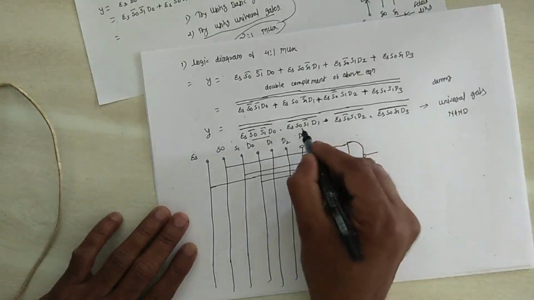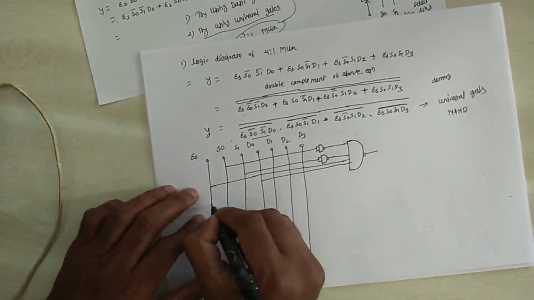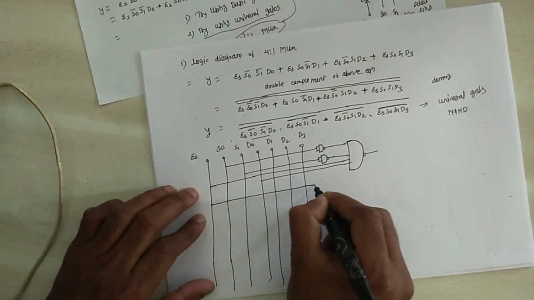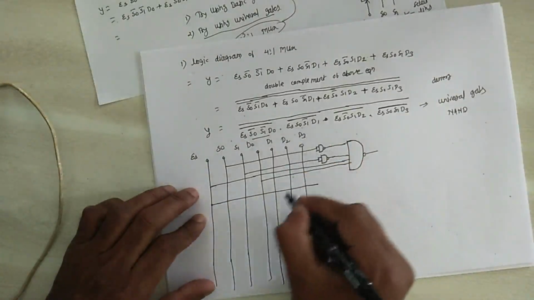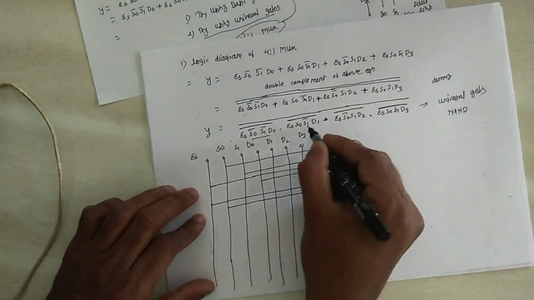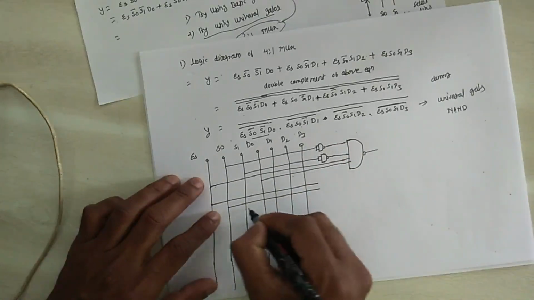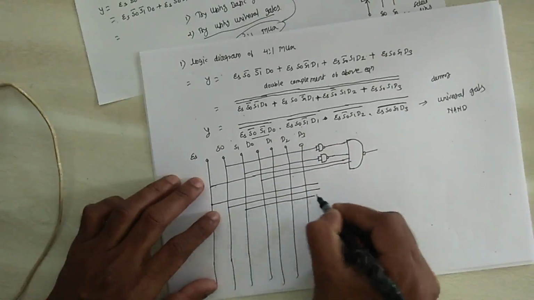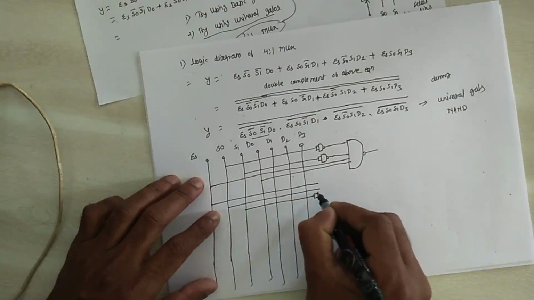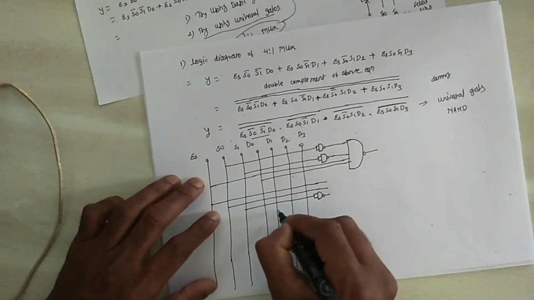Okay, let's go with the second term. We need ES as it is, so take ES. We need S0, so take S0. We need S1 complement, so take S1 with the help of a NAND gate, and we need D1.